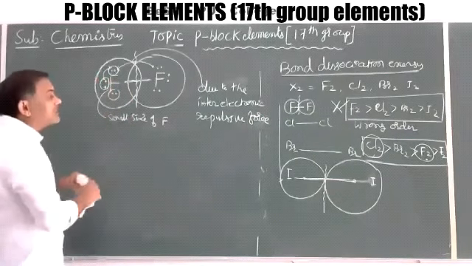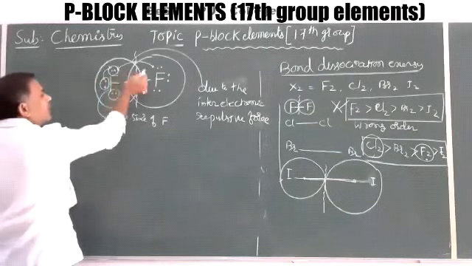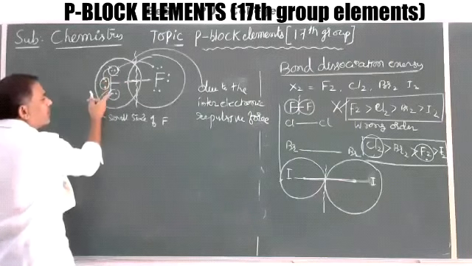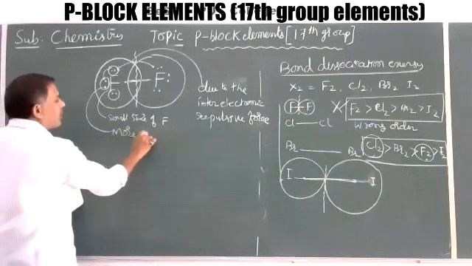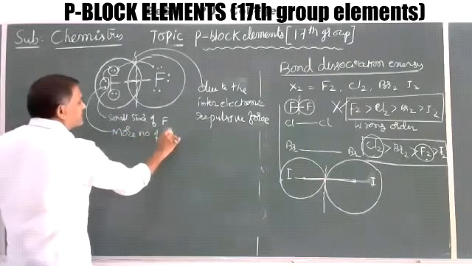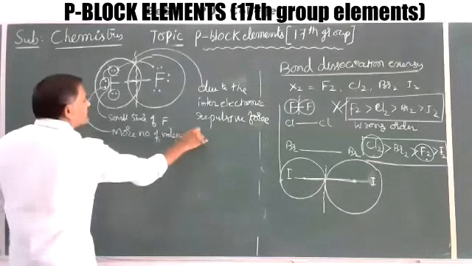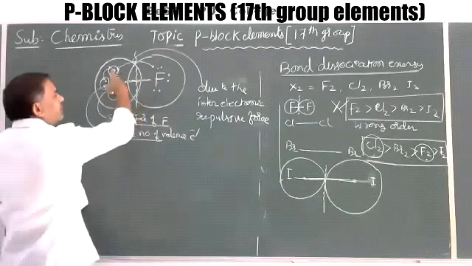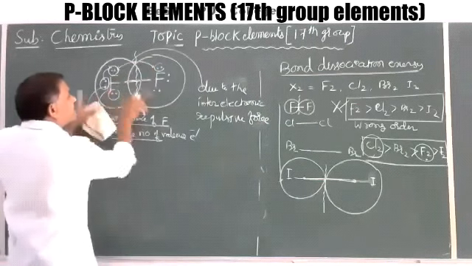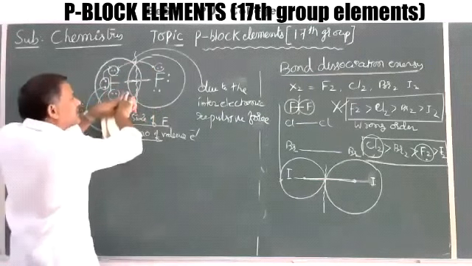Actually, between fluorine and fluorine, being small in size, they would be strongly, tightly attracted and strongly bonded. But in this case, particularly fluorine and fluorine, due to the presence of more valence electrons and the small size of fluorine, between electrons and electrons repulsion takes place, not attraction.